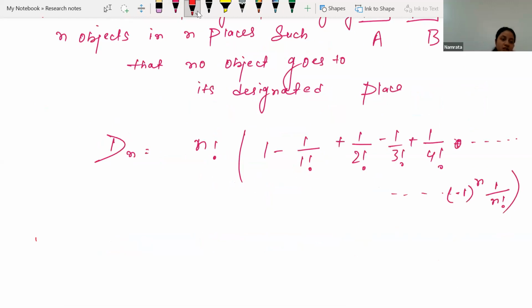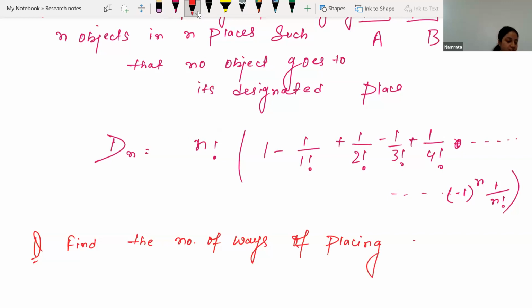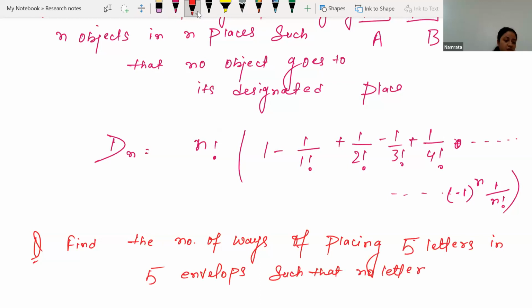So the question says: find the number of ways of placing 5 letters in 5 envelopes such that no letter goes in the correct place.